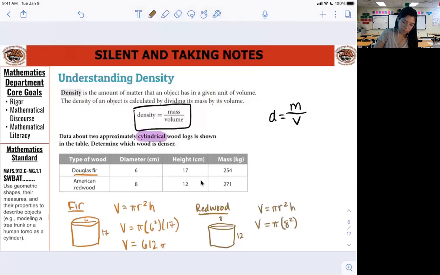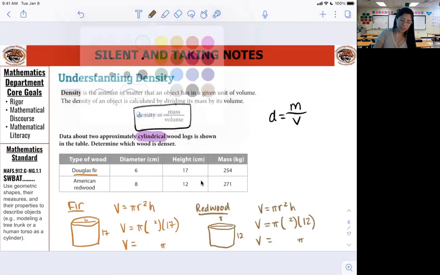What do we get? 768. Wait, I have a question. Shouldn't it be 3 and 4 since that's the diameter and we're putting the radius? You're totally right. I'm so sorry.